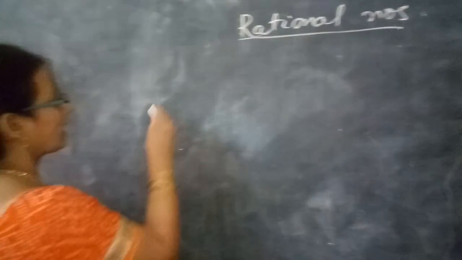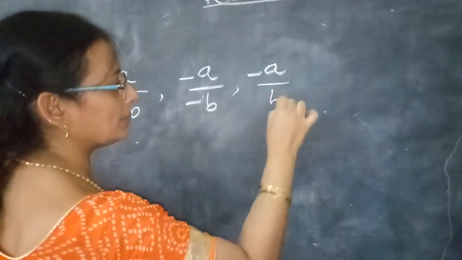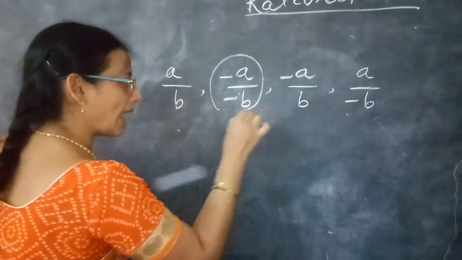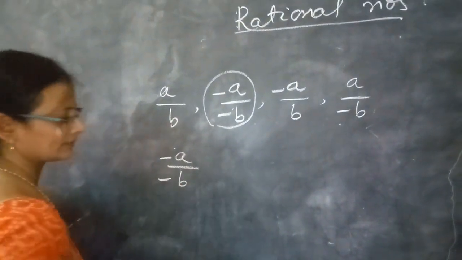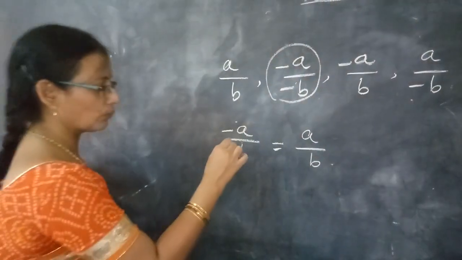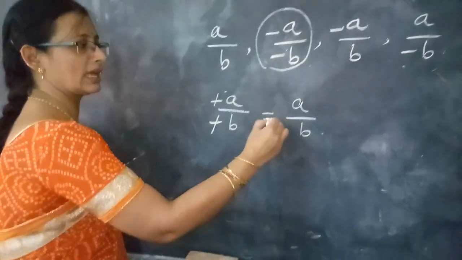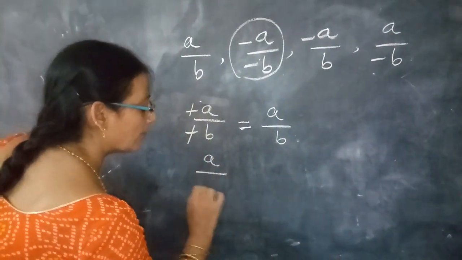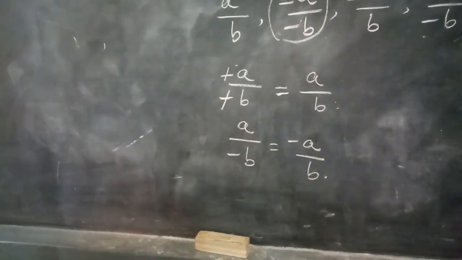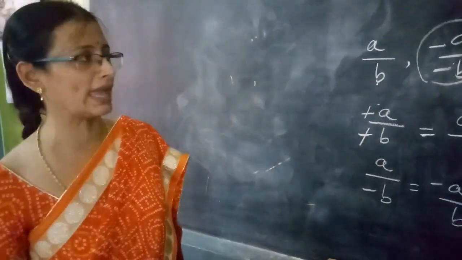That is A by B, minus A by minus B, minus A by B, and A by minus B. Minus A by minus B is the same as A by B, because when the same sign is there in the numerator and denominator, that can be cancelled and it is written as A by B. A by minus B is the same as minus A by B. So from this we get the conclusion that in these two forms, A by B and minus A by B, rational numbers can be written.